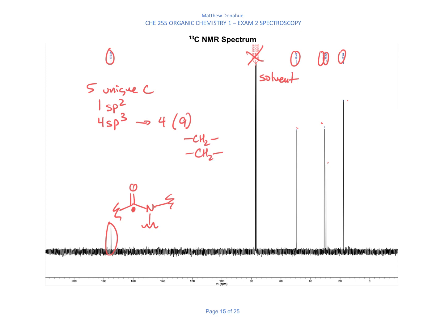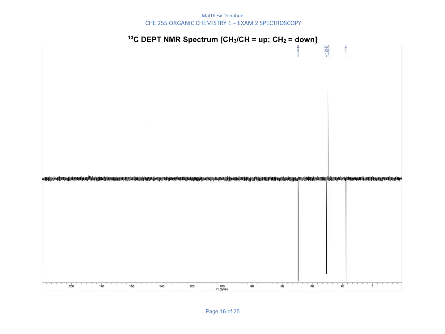Now what does this next piece of data tell us? This is a DEPT spectrum where CH and CH3 are up. So if we count 1, 2, 3, 4, the signal here is not showing up because it does not have attached hydrogens. And of the 4, 1 is up, 3 are down. We already knew that 2 of them were.